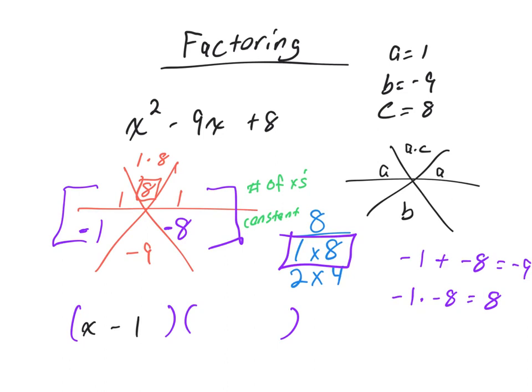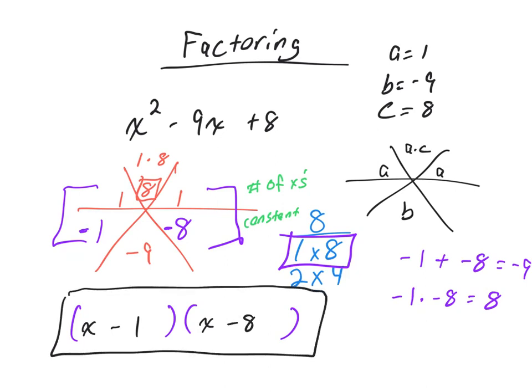Number of x's on top, which is 1, so I've got my x. And then bottom number is my constant with sign, so it's going to be -8. If I had a GCF, I'd bring it down, but I don't have a GCF on this one, so I don't have to worry about that. This is going to be my final answer right here, factored form.